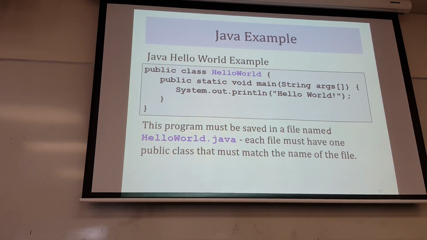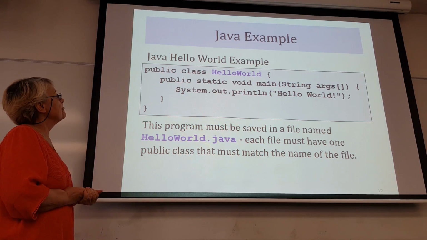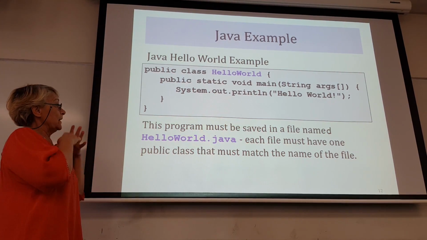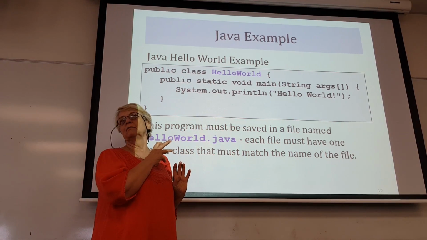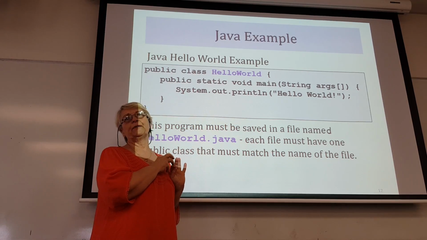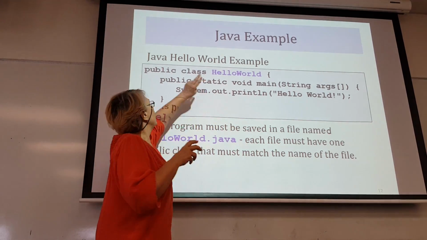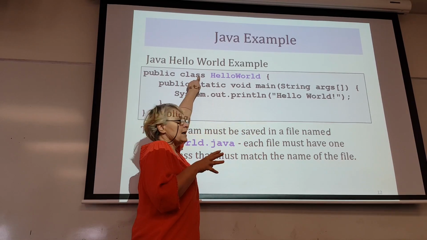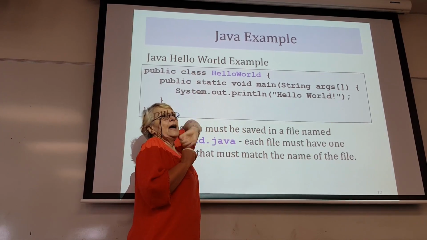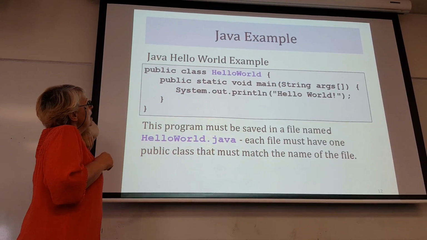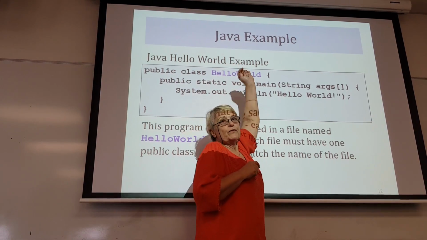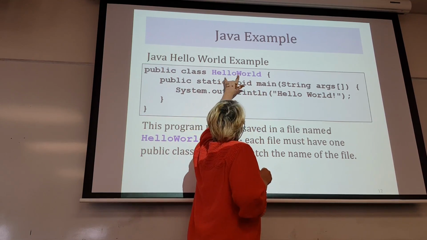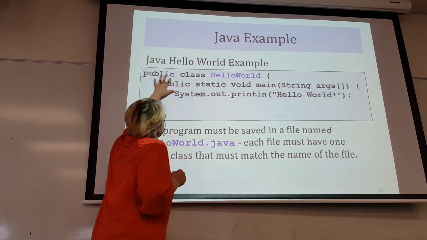Some constraints when you write programs in Java. Normally you will have one class per file. You can put more classes per file, but normally you have one class and the name of the class will be the name of the file. HelloWorld.java will be the name of this file.